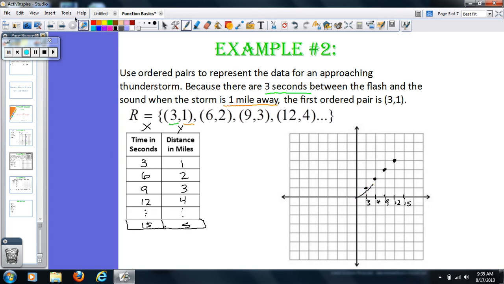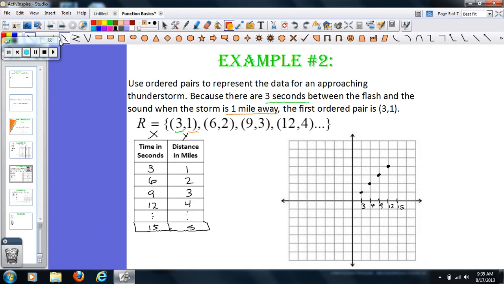So we can start at 0. Oops, here, let me actually make this a little neater for you. We can start at 0, and we can draw a line between these points. And this line is going to continue. It's not going to stop because that could go on forever.